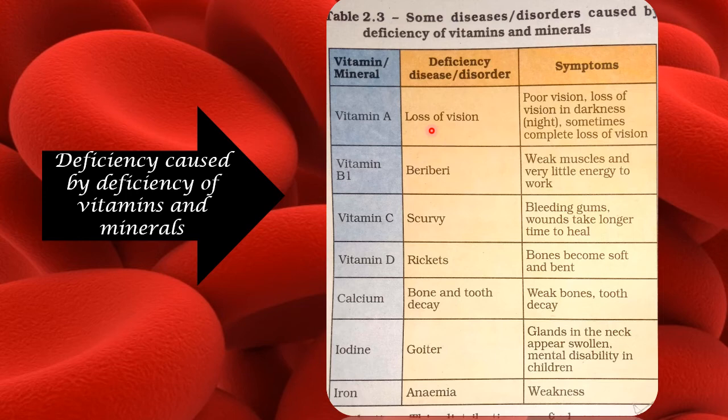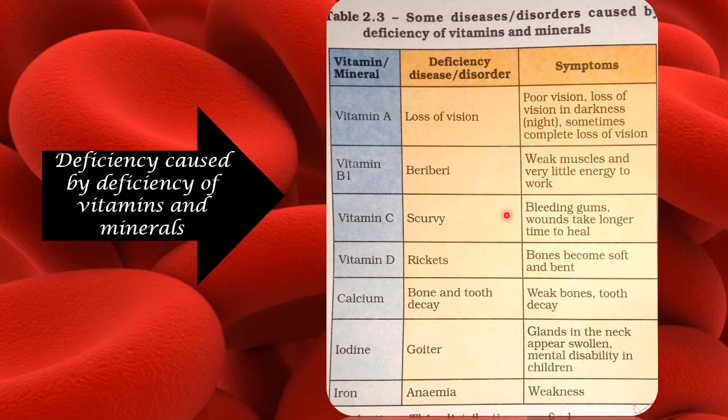It will not be very clear. Sometimes complete loss of vision also can happen. That is the reason we are asked to take more vitamin A rich food. In the next chart I have included what food items can be taken for vitamin A deficit.